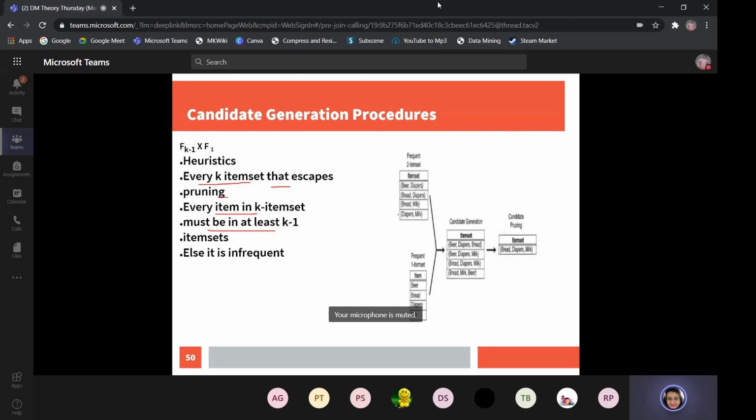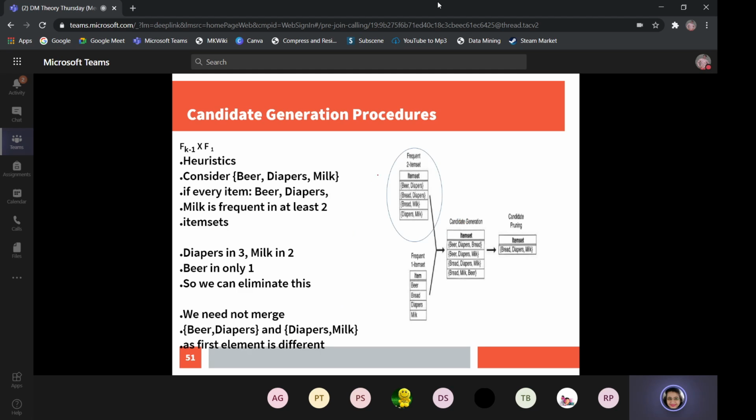If you have to prune it out at the next level also, then check whether at the F k minus 1 level, is it occurring k minus 1 number of times, is it occurring in k minus 1 item sets? If yes, then it goes forward.